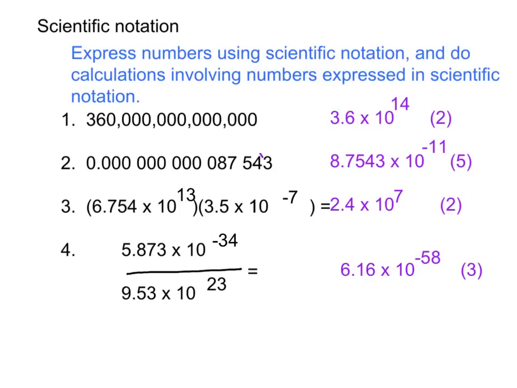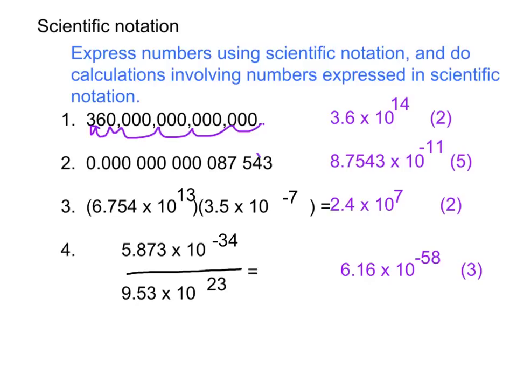The first one, you're going to move the decimal from here. From here, 3, 6, 9, 12, 13, 14 places to get it right after the 3. So that's where the 14 comes from, and you always have one number in front of the decimal. And there's only 2 real numbers, so 3 and 6 with a decimal between.